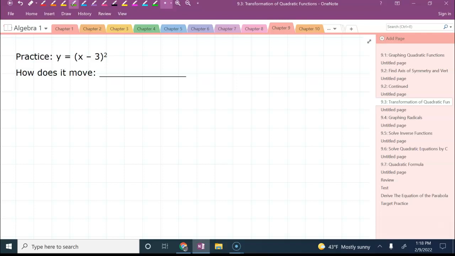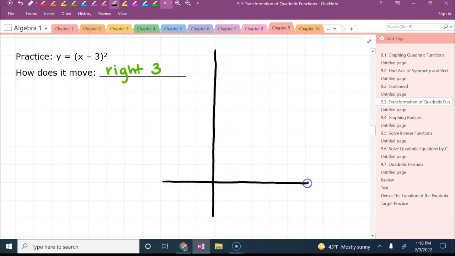So this one says minus 3, which would mean that it goes right 3. Again, you have to think opposite direction there. And if we graph, my vertex goes over 1, 2, 3 to the right, and then those other points on either side.